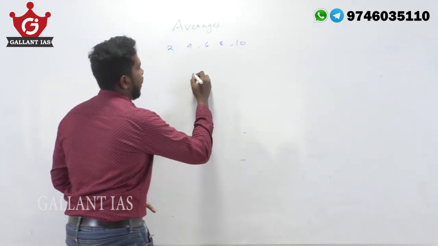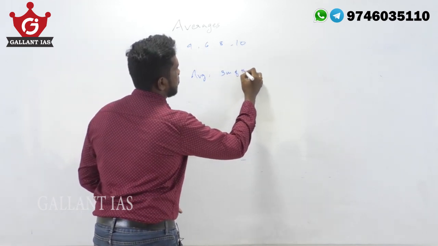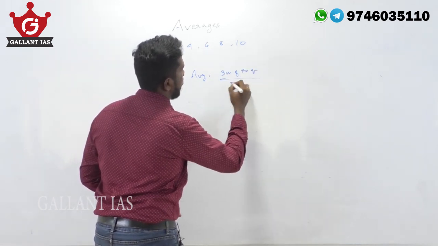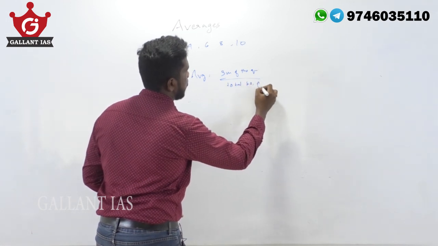So how to find the average for this set of numbers? Average is equal to the sum of the quantities divided by the total number of quantities.